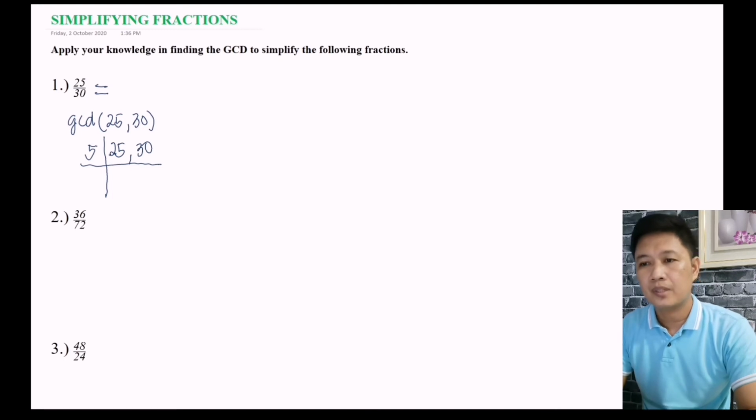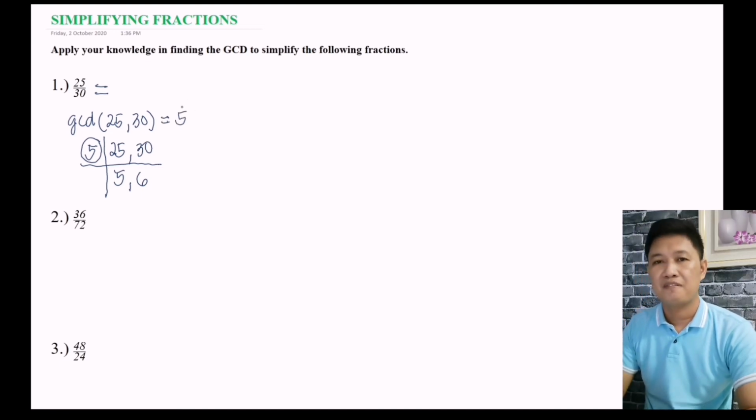So, 25 divided by 5 is 5 and 30 divided by 5 is 6. May common pa ba sa 5 and 6? Maliban sa 1? Wala na. Therefore, the GCD of 25 and 30 is equal to 5.